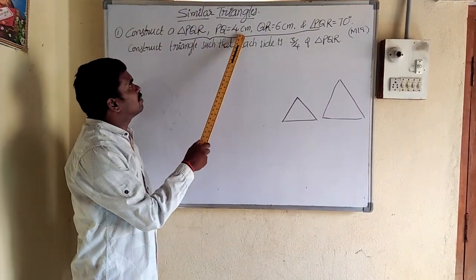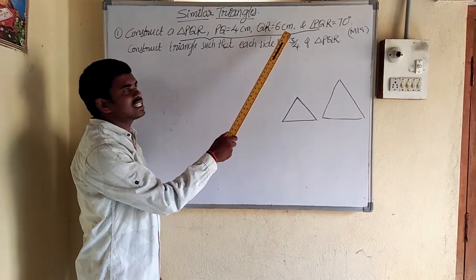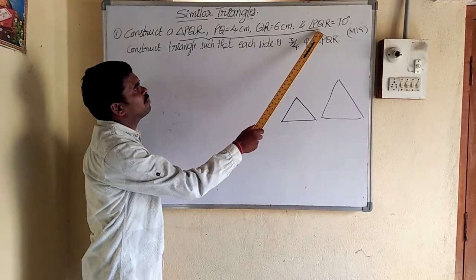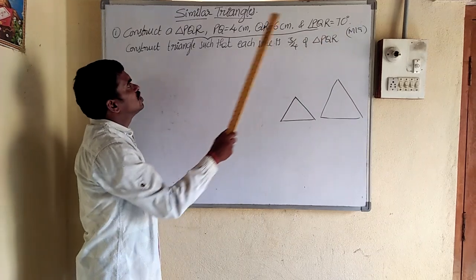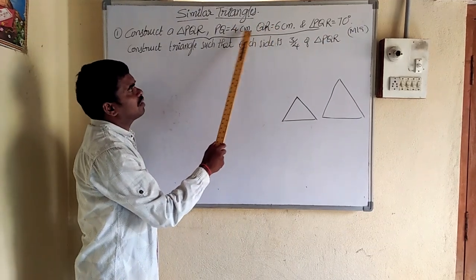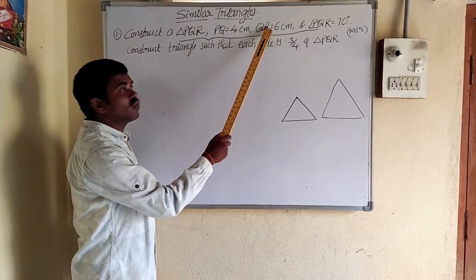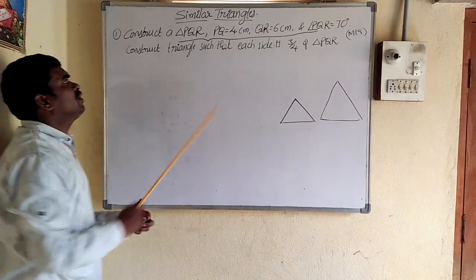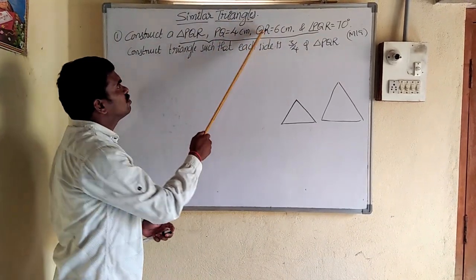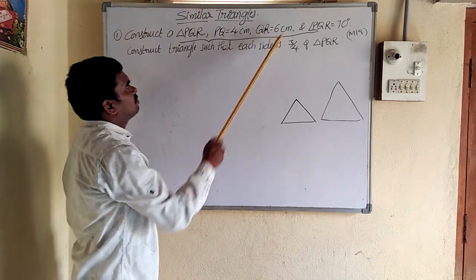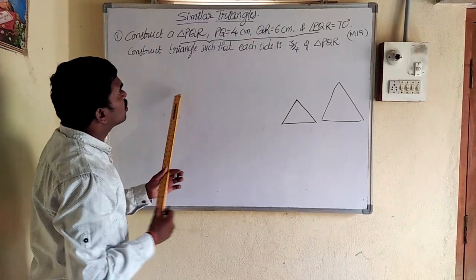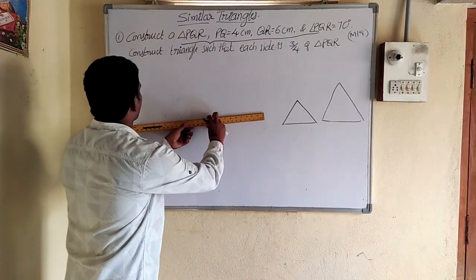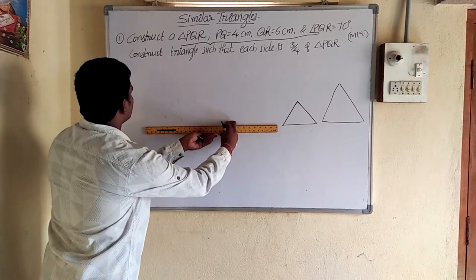PQ equal to 4 centimeters, QR equal to 6 centimeters, and angle PQR equal to 70 degrees. First, take any one measurement among these two. I am taking QR equal to 6 centimeters. Even if you take PQ you will get it, but QR is better. So I am going to draw QR, 6 centimeters, first.